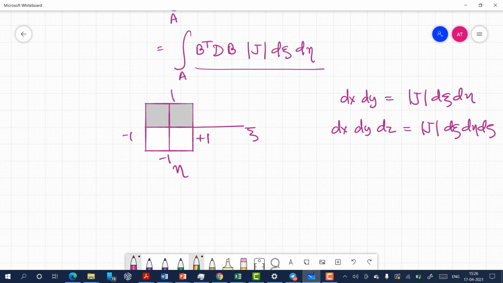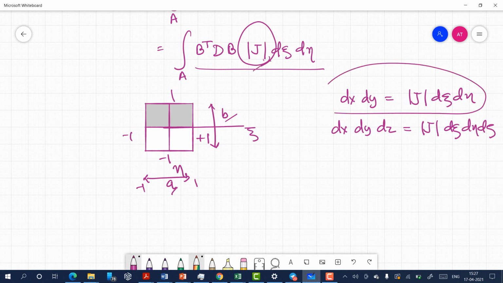Then how is that related to global? See, the area is not going to change whether you do the integration in the local coordinate system or the global coordinate system. If let us say that this dimension is A and this dimension is B, then when we are doing it in the local coordinate system, instead of having A and B, we always have -1 and +1, and whatever difference comes can be taken care of by the determinant of J. So this is how we get this relationship.